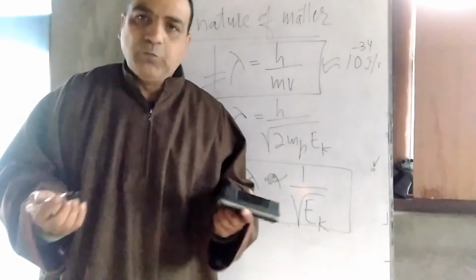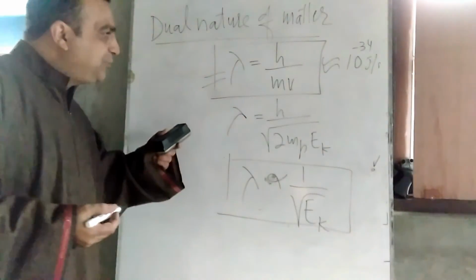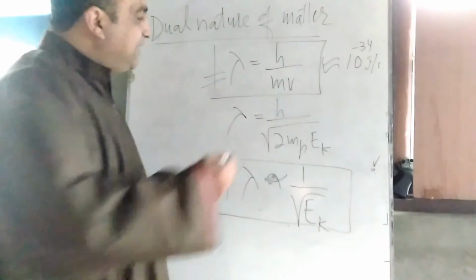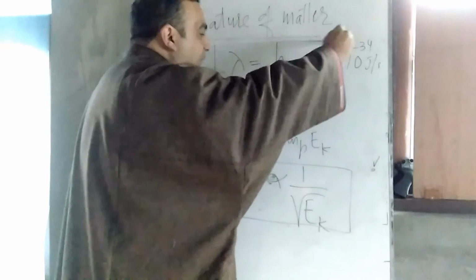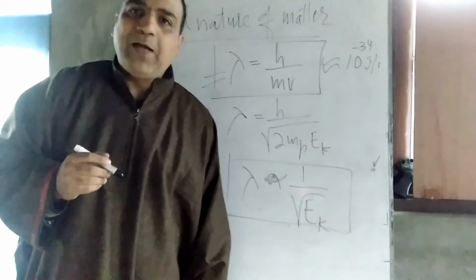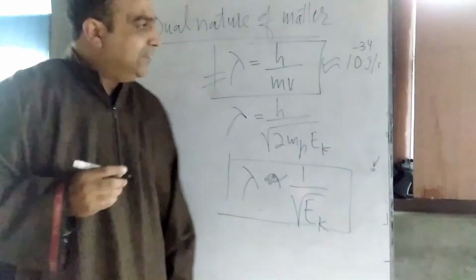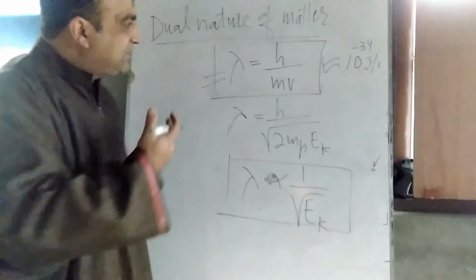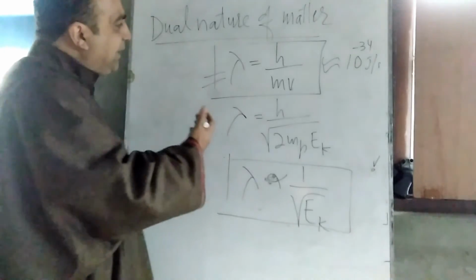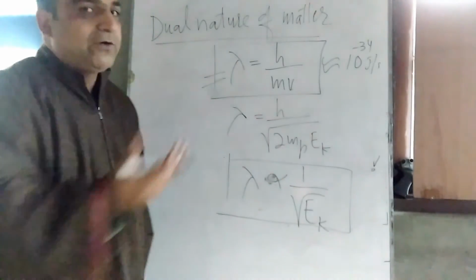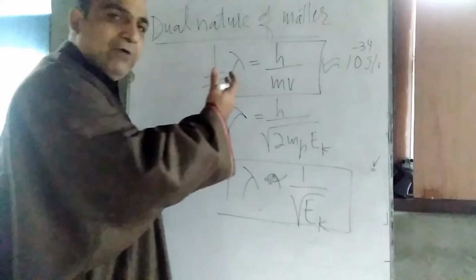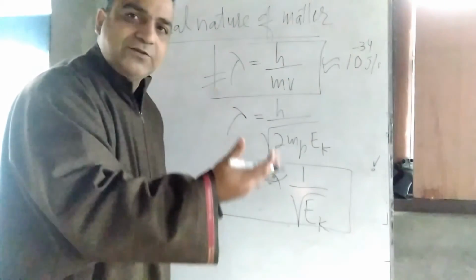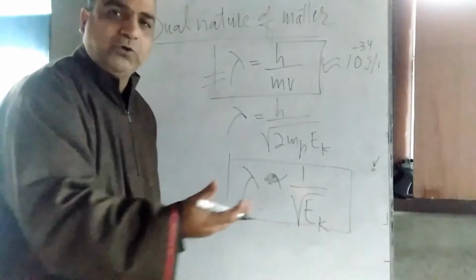So it can be assumed that the de Broglie equation is not applicable for macroscopic objects because the value calculated from this equation will come out to be very, very small. This lambda becomes appreciable only when you go down to microscopic particles like electrons, atoms, molecules, protons.